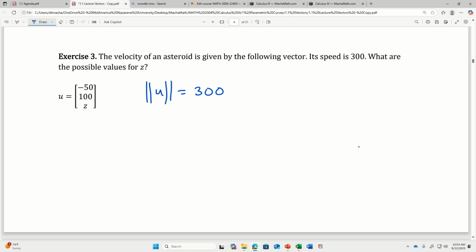All right, so let's talk about this. I've got to use my formula. And now I'm solving for z.